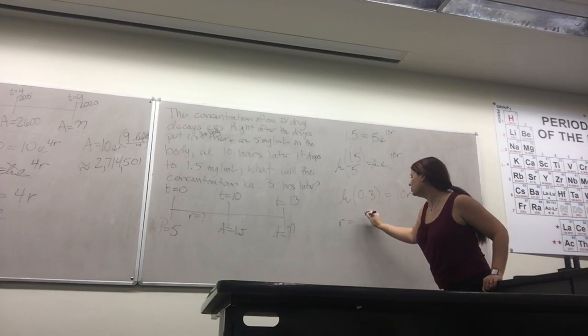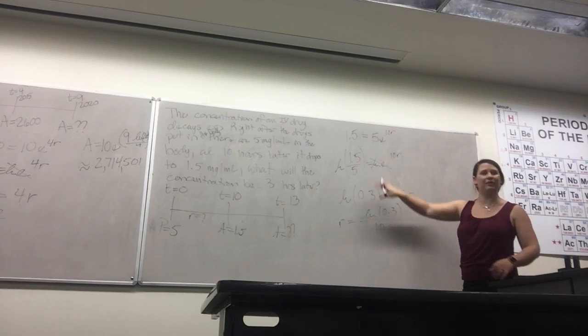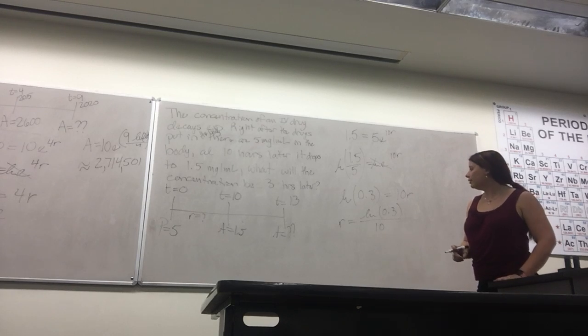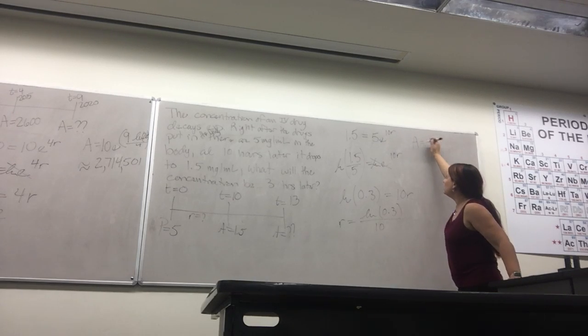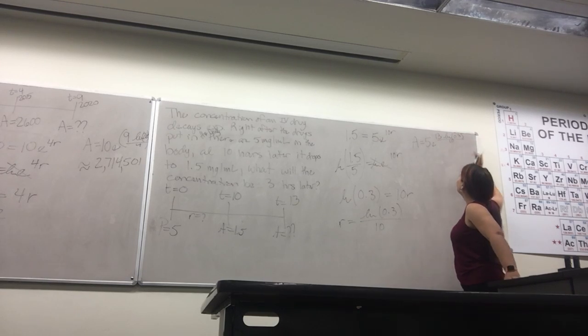So then R is equal to the natural log of 0.3 over 10. And so that's our R. And then we can set it up in the final equation, so that A is equal to 5e to the, what's the new t? 13 times natural log of 0.3 over 10.